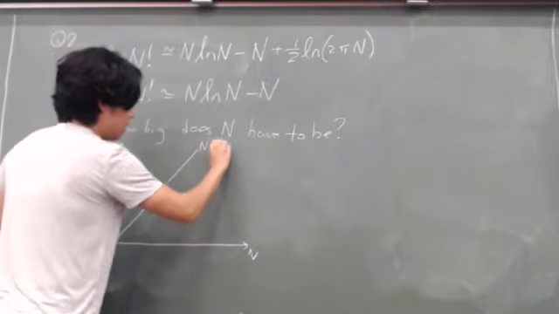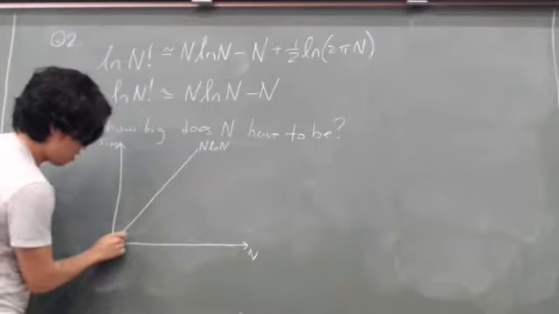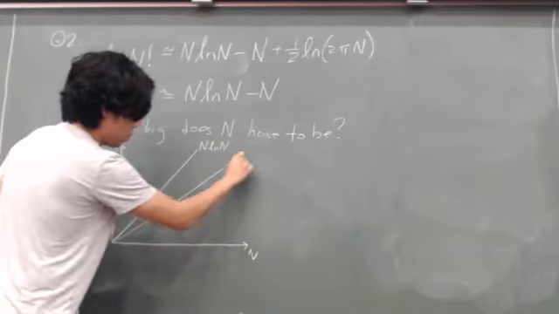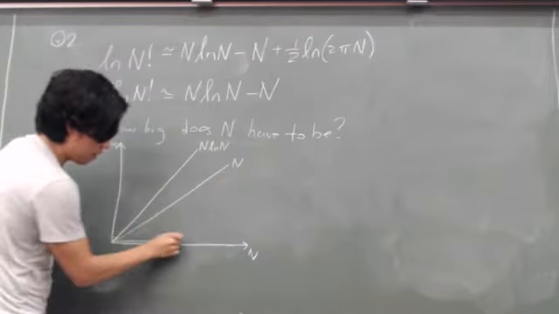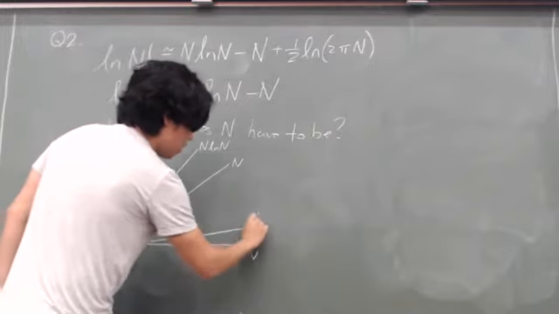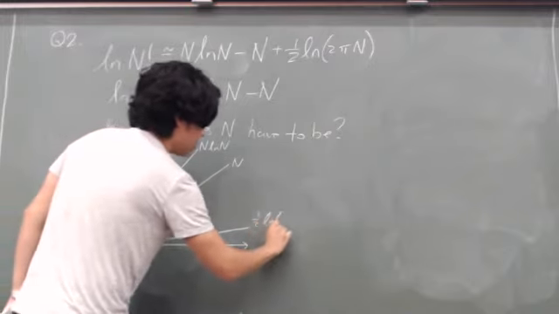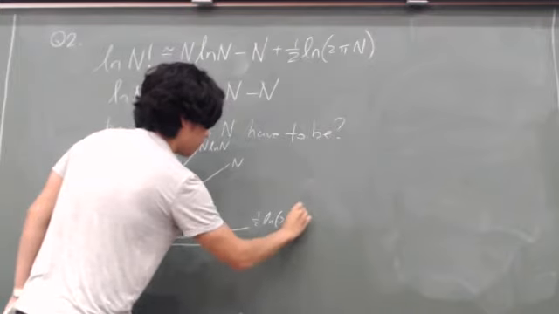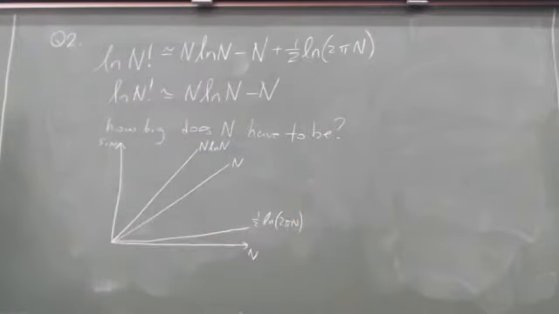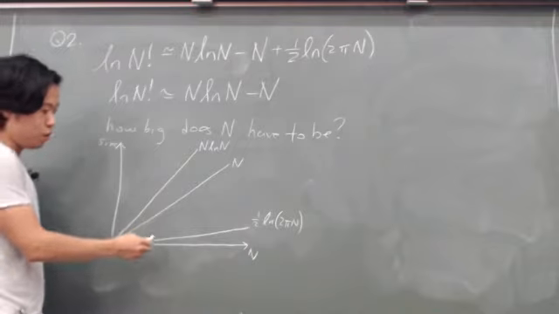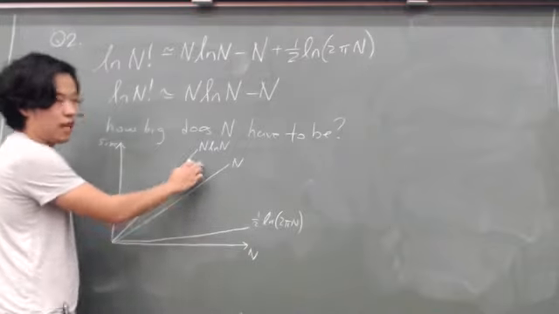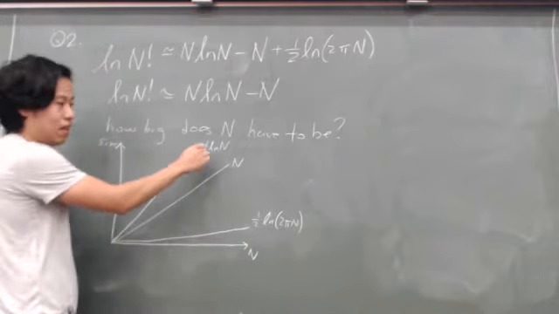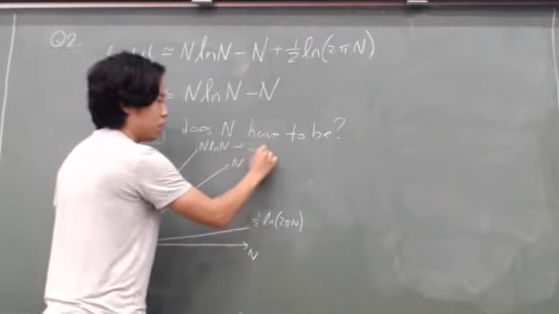N log n is like that, and then n is pretty much diagonal, and the other one's tiny. So half log of 2 pi n. Okay, so you don't want to be comparing this to the n log n term, because the n log n term is obviously the dominant term.